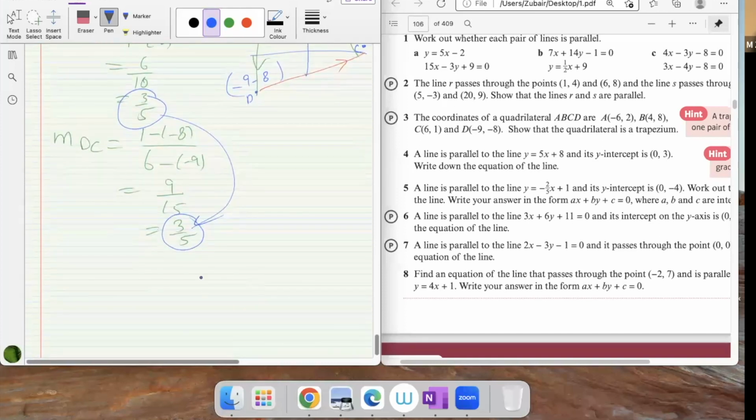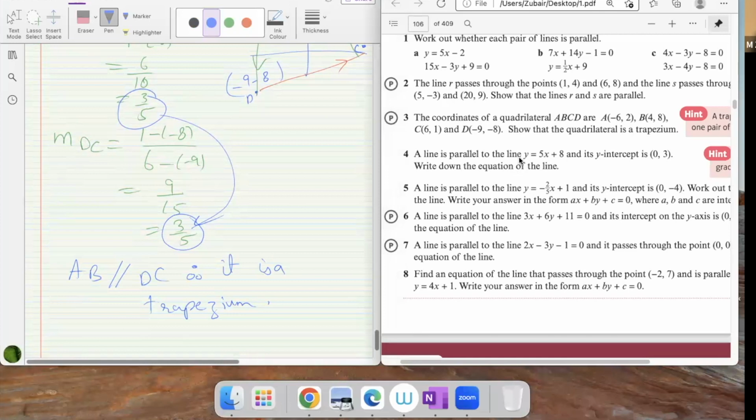Shown that there is one pair of parallel sides. AB is parallel to DC. Therefore, it is a trapezium. Is the concept clear?